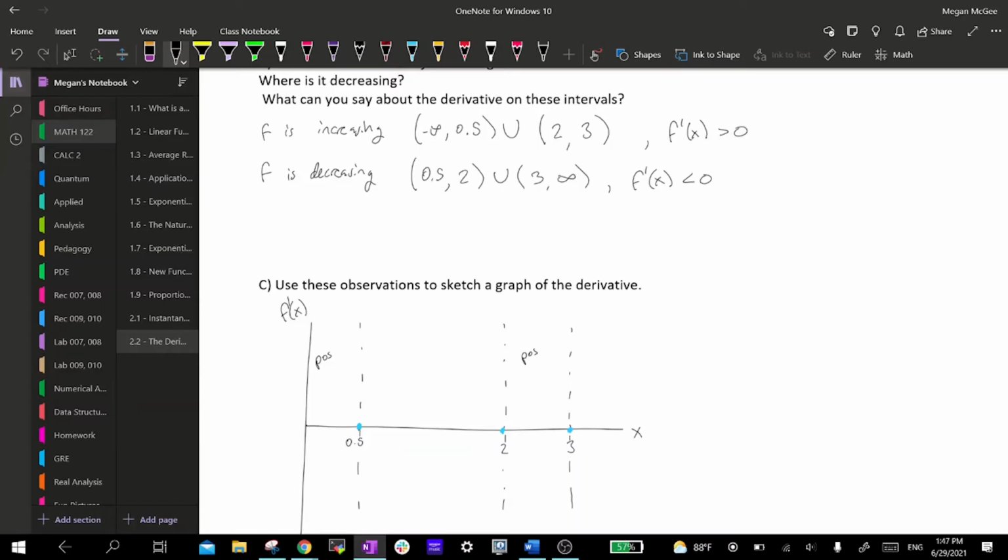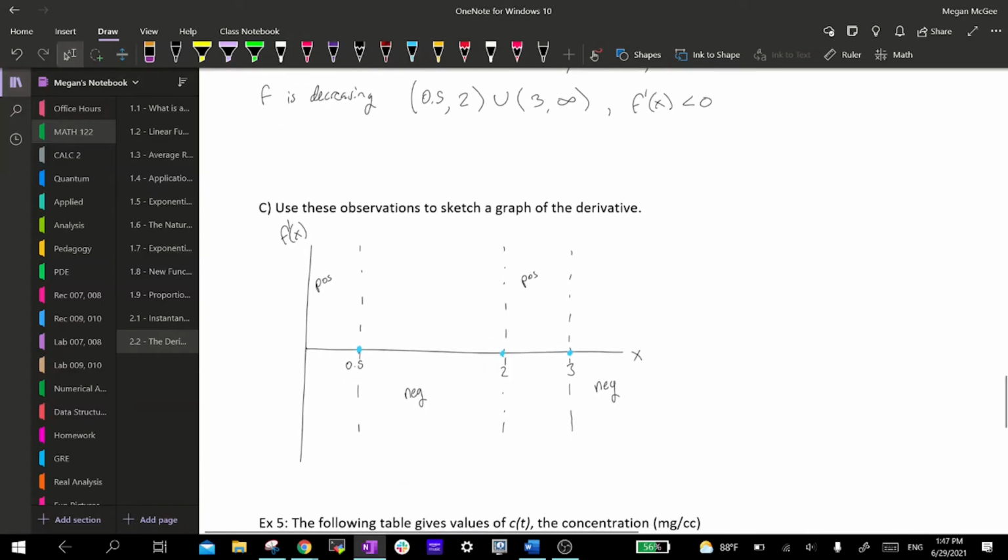From 0.5 to 2, it's less than 0, so it is negative, which means it's going to be below the x-axis. And from 3 to positive infinity, it's also negative and below the x-axis. So if we want to connect these 3 points and stay positive, negative, it will look something like this.